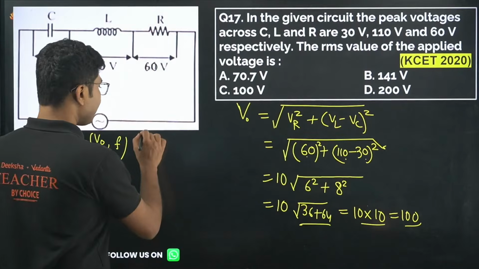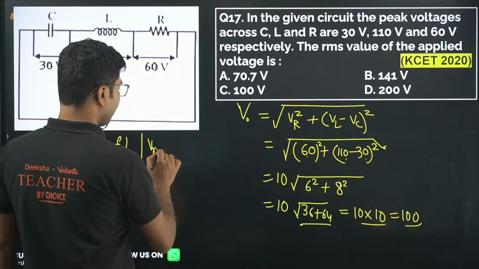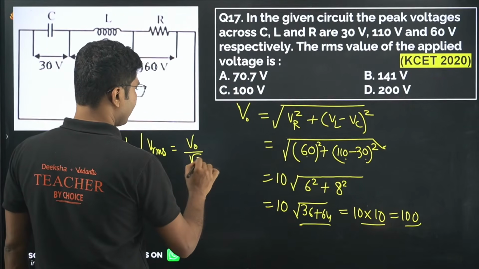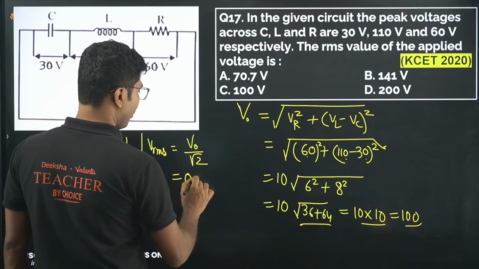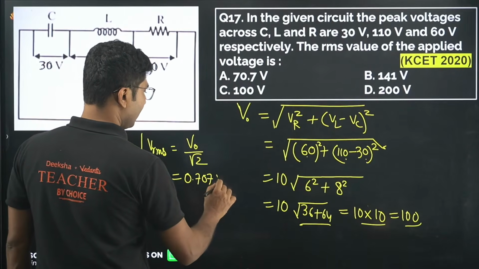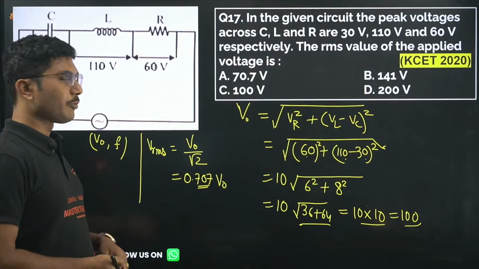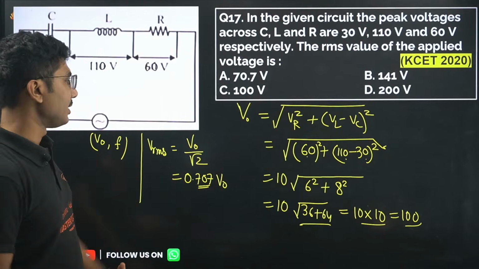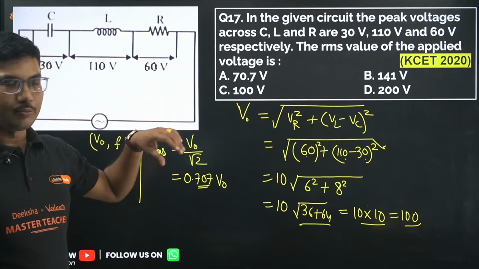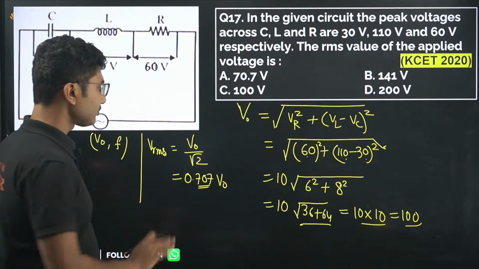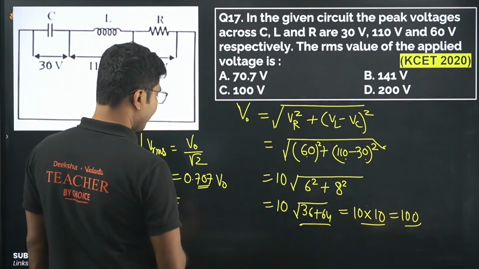So what is the RMS value? RMS is given by peak value divided by root 2, or 0.707 V naught. 1 by root 2 comes out to be 0.707. You can remember it, or just put 1.4 as root 2 and calculate it, but this is also a standard way to solve.